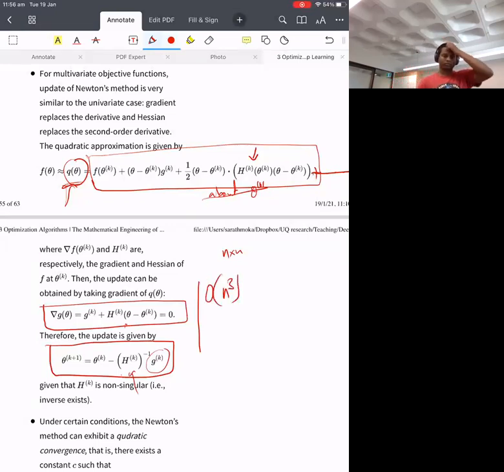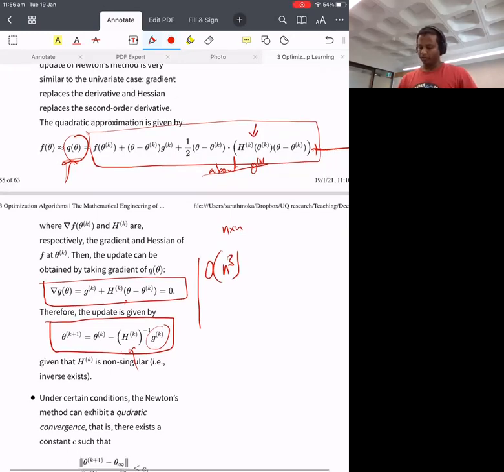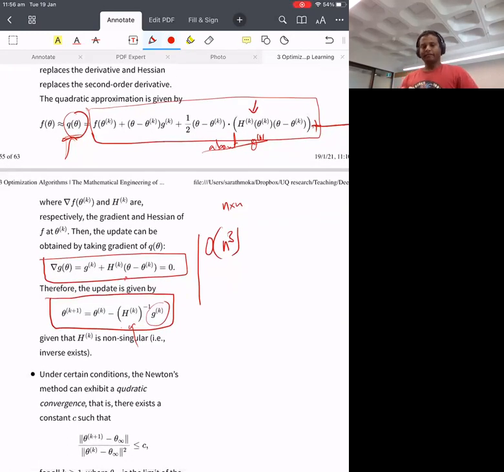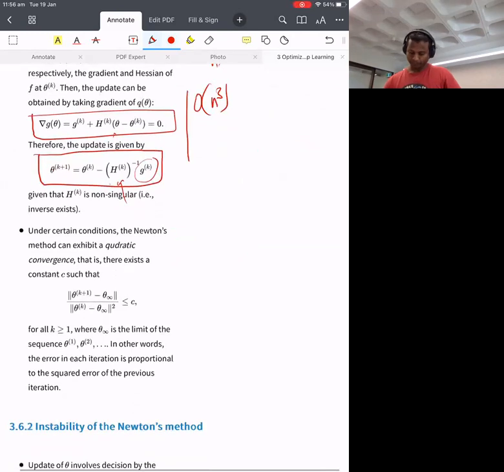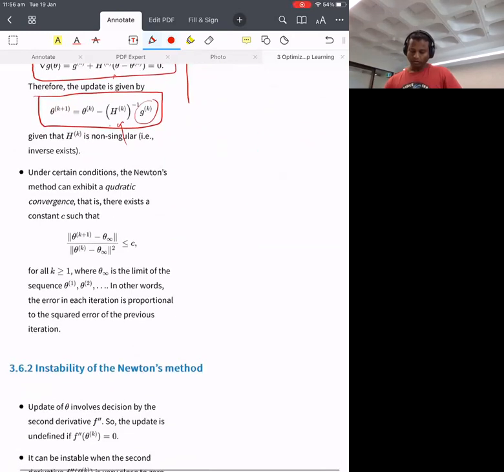That's a lot. And when you have several variables in the neural network, then it's very difficult to actually compute this inverse. We will see what the remedies for that issue are. And under certain conditions, we are not going to talk about those conditions specifically. You can refer to the textbook I mentioned in the beginning.